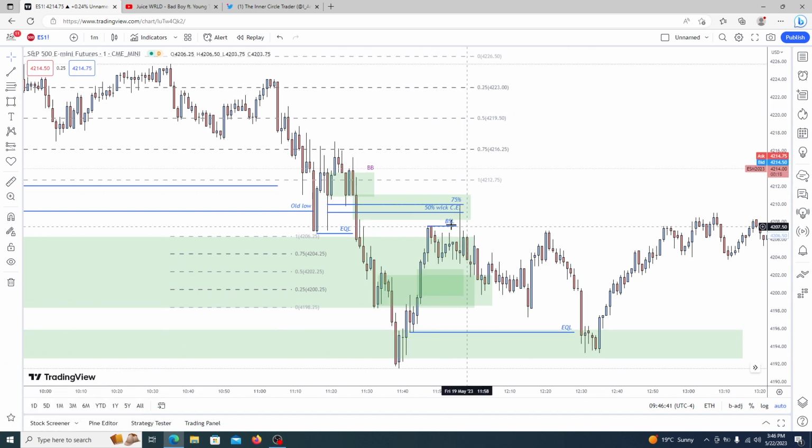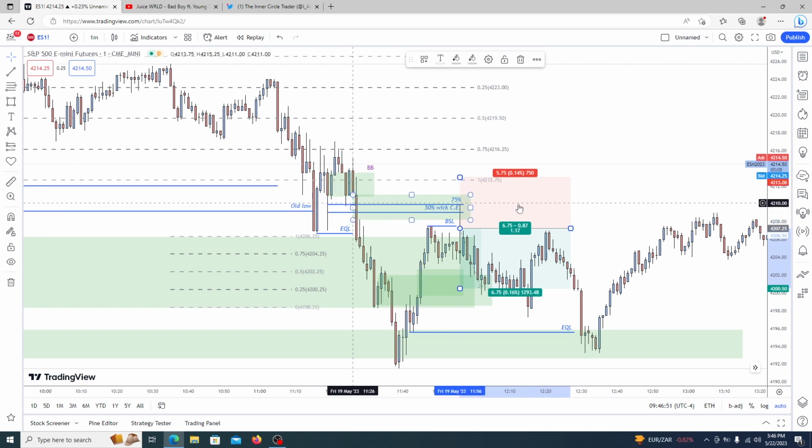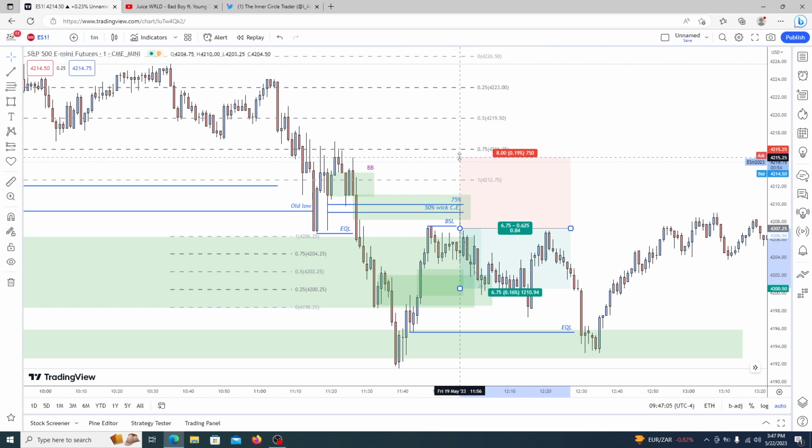If we go ahead and apply our risk to reward, I would have a stop above the fair value gap. Looking at ICT's 2022 mentorship rules, I would place my stop above the candle that created the fair value gap, or if you wanted to give it some more room to breathe, you could place it above this high.